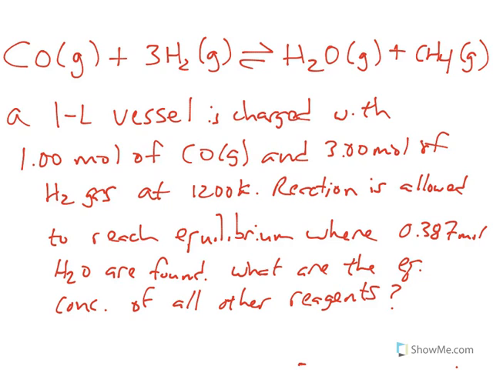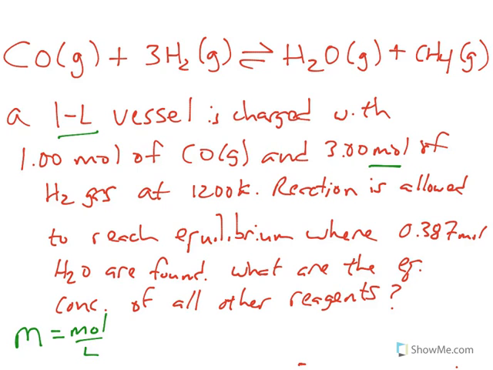So this is a big problem. Let's read through what's going on. We have a 1 liter vessel, and they give us not molar concentrations, but actual moles of these species. That's something we haven't seen yet. But what's nice is molarity, or concentration, is moles per liter, and fortunately we are faced with a 1 liter vessel.